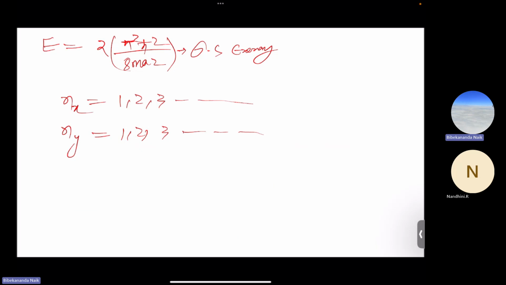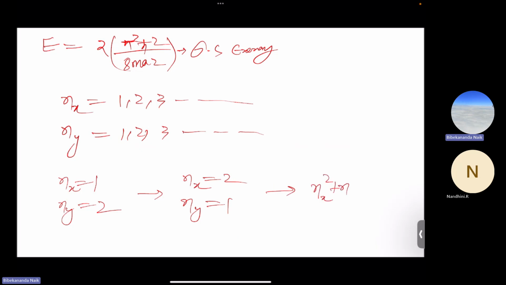The next, or first excited state, will correspond to nx equal to 1 and ny equal to 2, or nx equal to 2 and ny equal to 1. But in both cases, nx square plus ny square will be 1 square plus 2 square, which is 5. So for both cases, E will be the same. So the resultant energy of this configuration will be the first excited state.